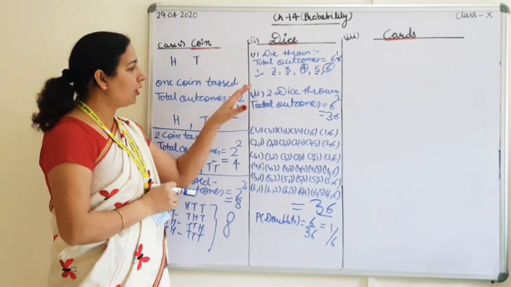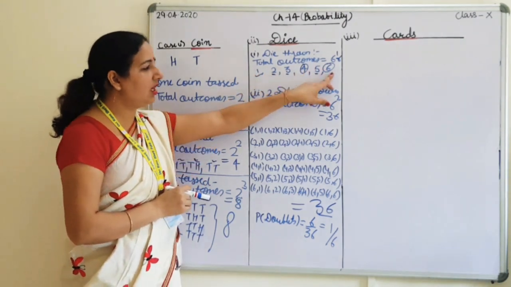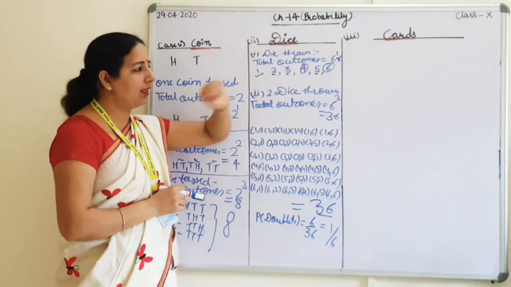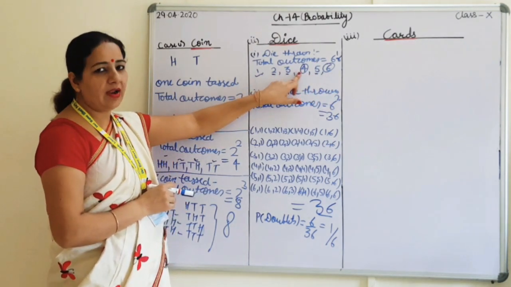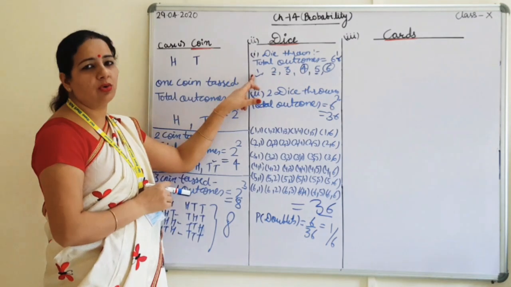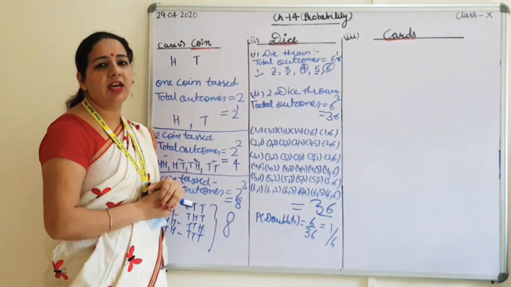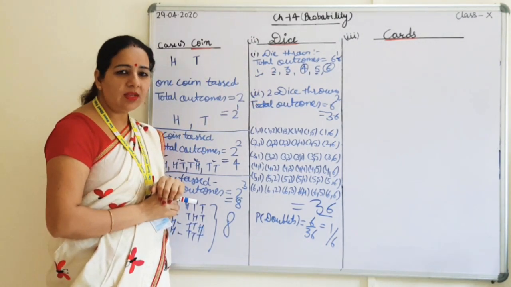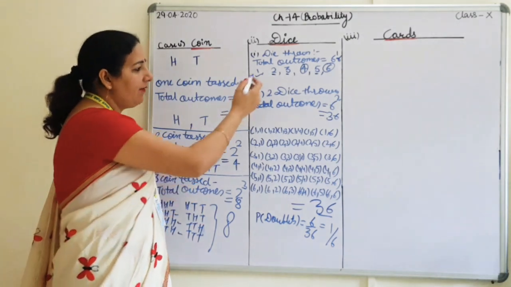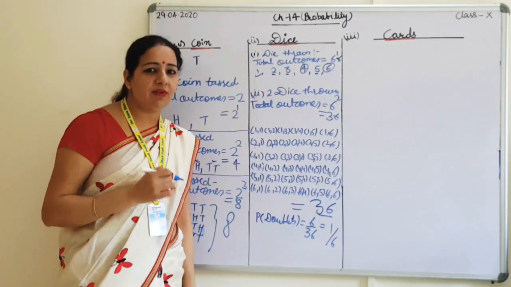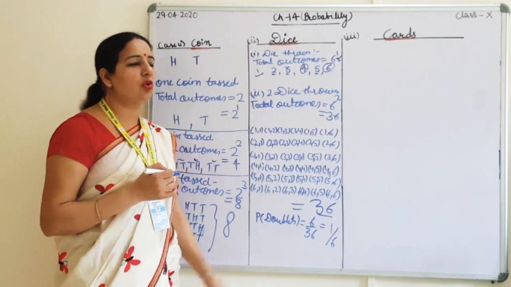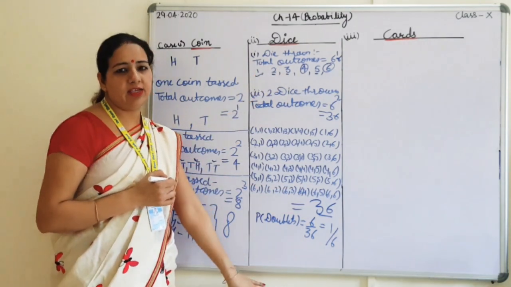Clear students? The prime numbers are 2, 3 and 5, and we will not take these. 1, 4, 6 are non-prime numbers. So the answer will be 3 upon 6. Fine students? Similarly we can do the questions of the dice, and we will discuss in our next classes also how we will deal with the dice questions.